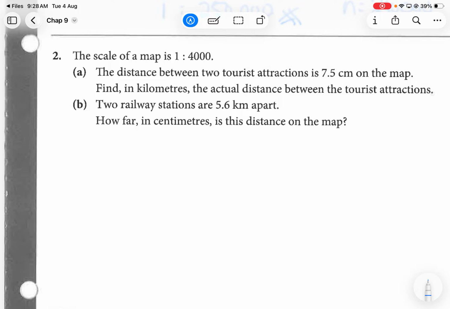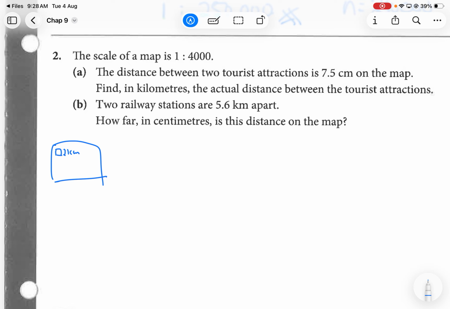I never change the other side. It is still 7.5 cm. Yeah? What about changing all for the ratio? I don't want a more simplified ratio. I just want to use the 7.5 cm to tell me how long is the actual.